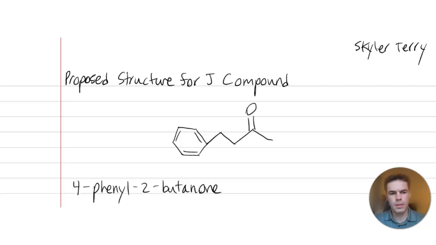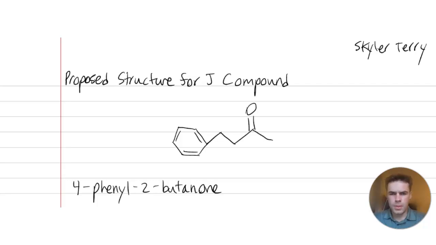So yeah, those are the biggest takeaways that I got from the various NMR spectroscopies as well as the IR spectroscopy. It is a carbonyl compound associated with the methyl group that showed a shift associated with being next to a carbonyl.